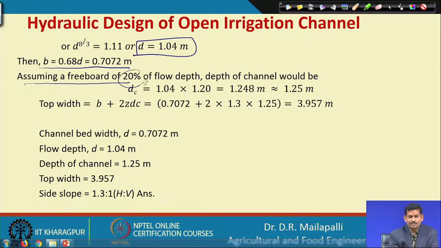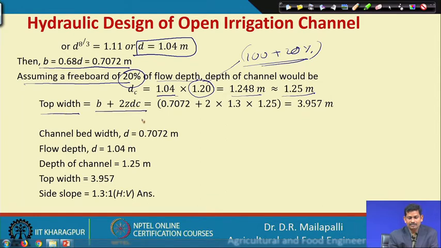If you assume 20% freeboard of flow depth, the depth of channel will be 1.04 into 1.20, because this is 100% plus 20%, 120%. So, 1.25 is the depth of the channel including the freeboard, and top width is b plus 2z dc, this is small c. Then you will get 3.957.